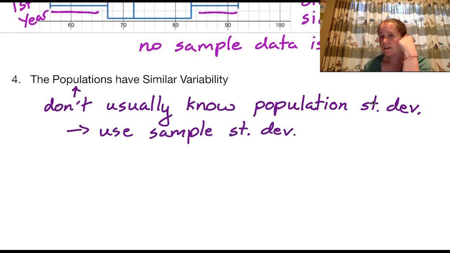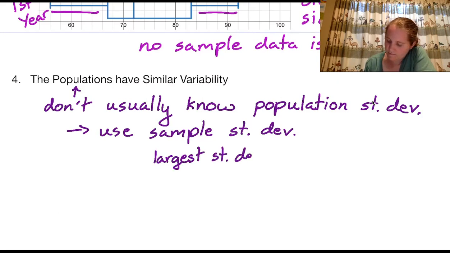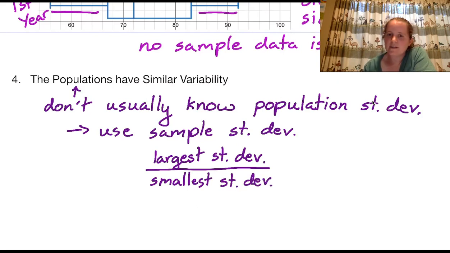And the rule is if we do the largest standard deviation divided by the smallest standard deviation, the rule is that this number should be less than 2, smaller than 2.